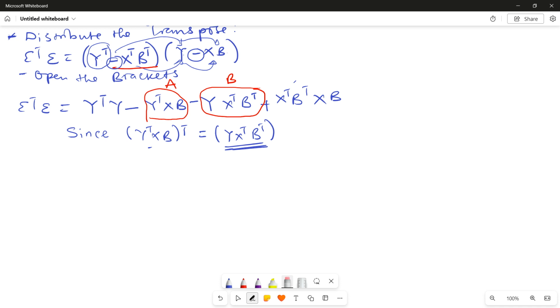So in short, after reaching this side, can we substitute? Yes, we substitute the term x.